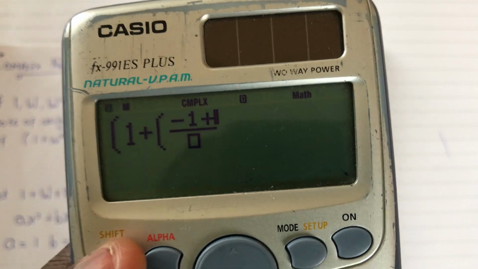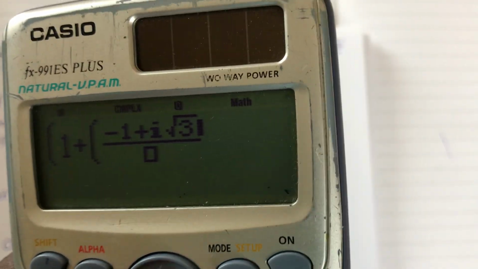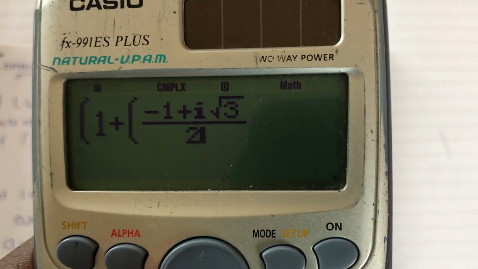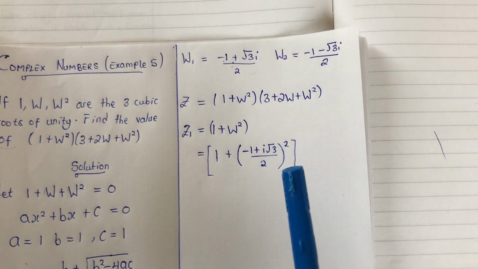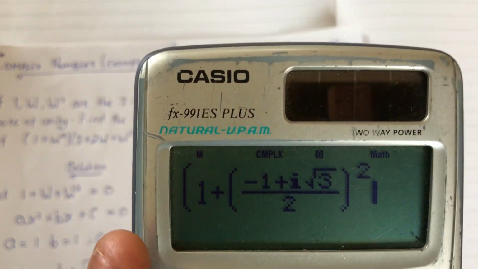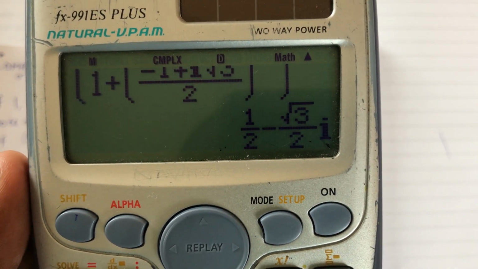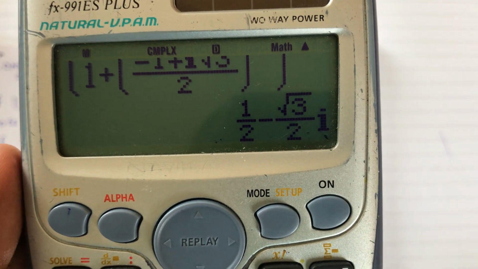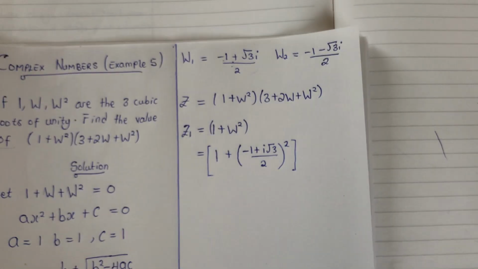So I have shift i root 3 all over 2, all squared. That is what the question said. We should square it, and then let me close the bracket. Okay, so when I press the equal sign, I have 1 over 2 minus root 3 i over 2.